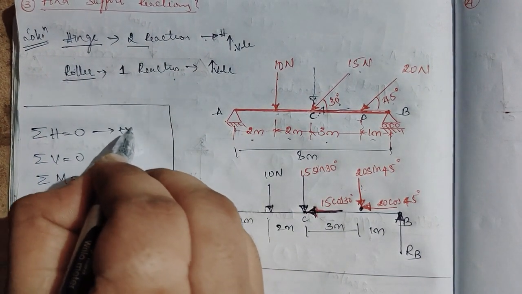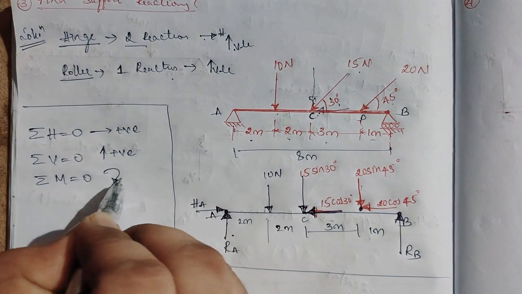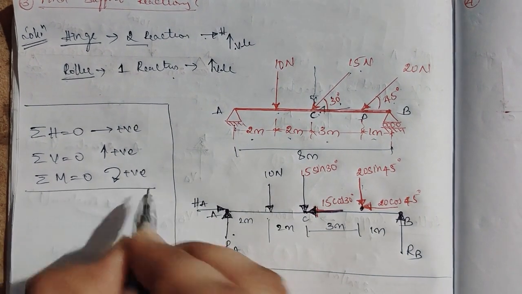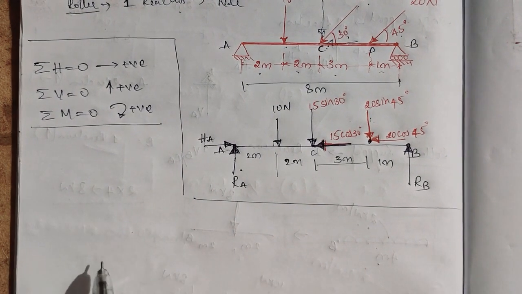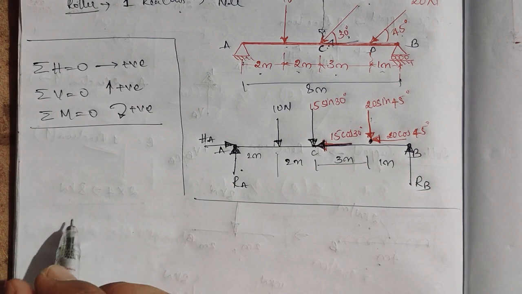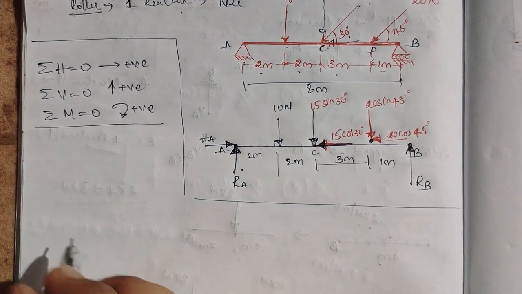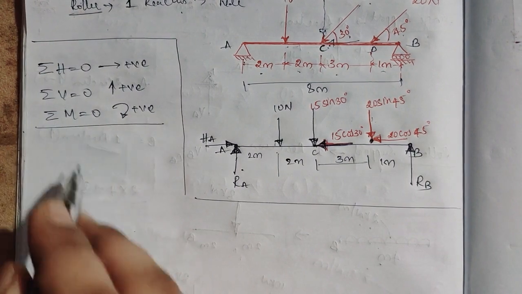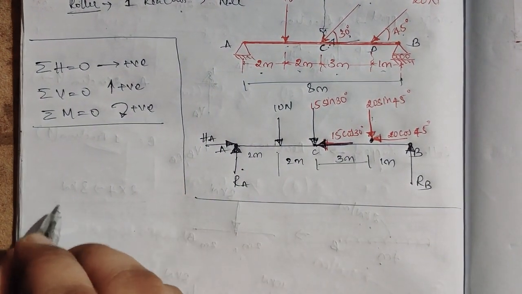We are assuming left to right as positive, upward as positive, clockwise as positive. I will not tell this again and again. I'll take the first condition, resolving the forces in the vertical direction, because more forces are there.